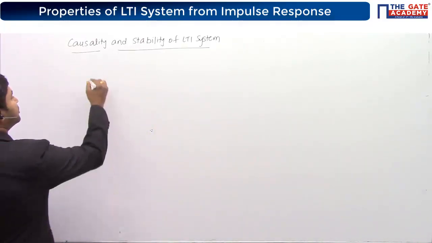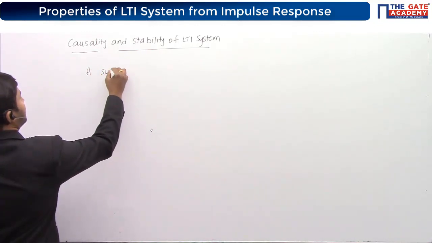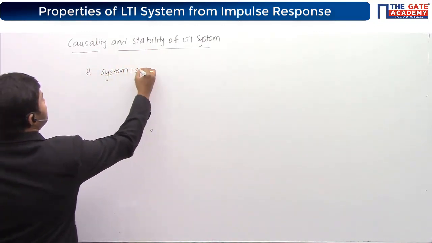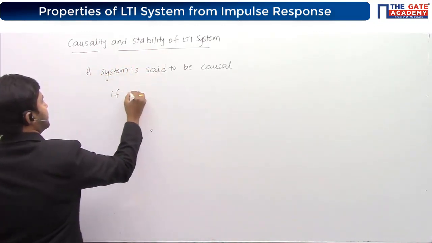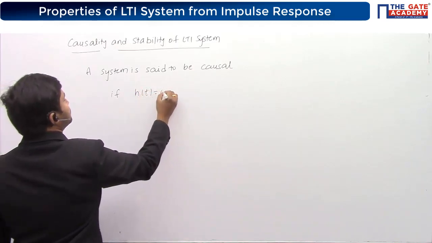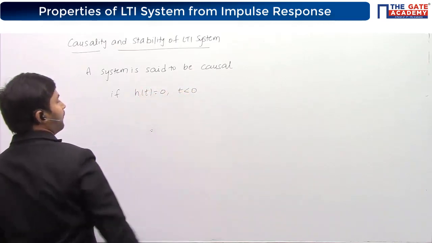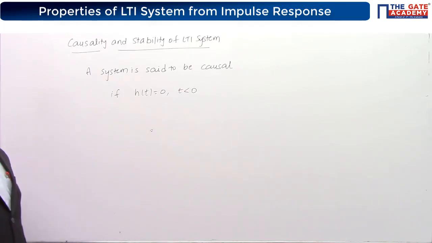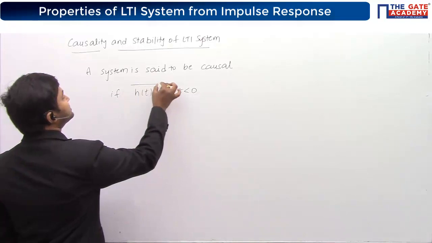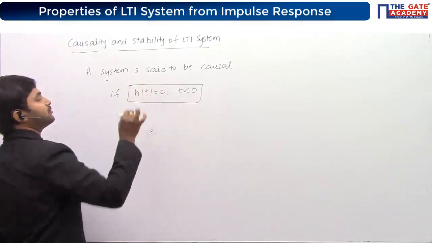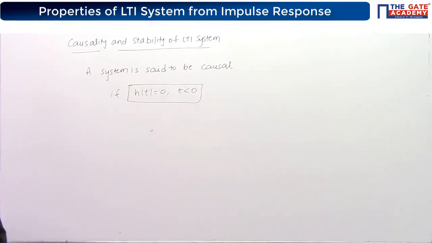A system is said to be causal if h of t is equal to 0 for t less than 0. If this condition is satisfied, then we call the system a causal system.